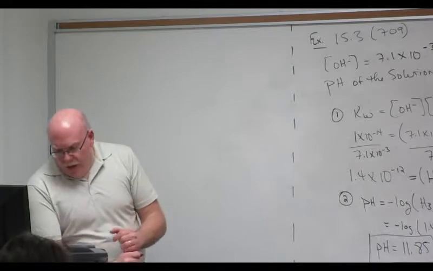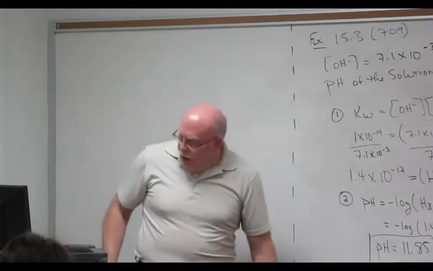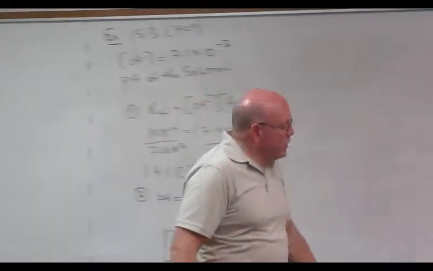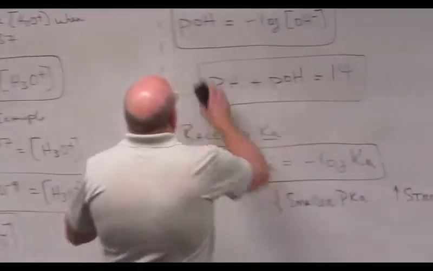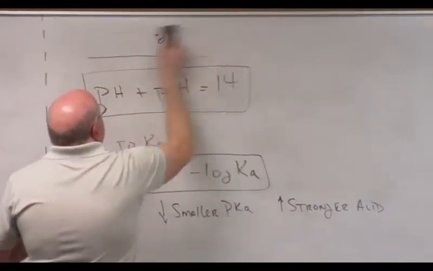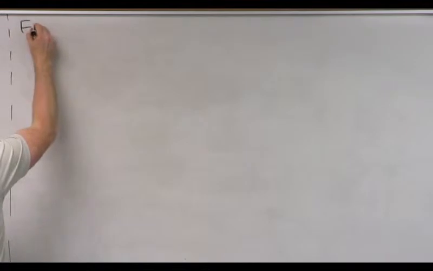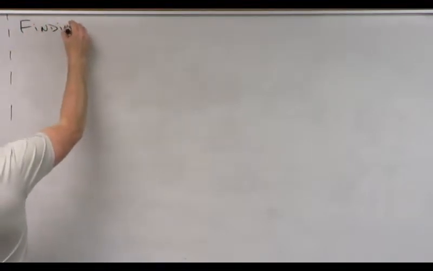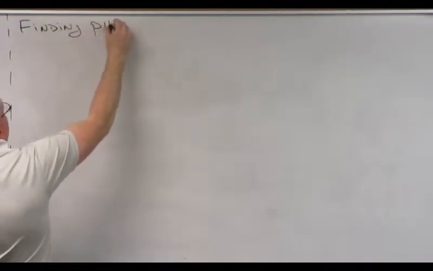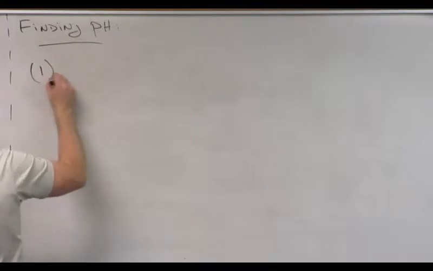Let's take a look at where the dividing line occurs. Let's look at a strong acid case. This will be finding pH. First one's strong acids.